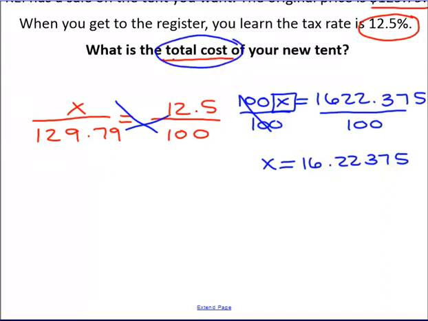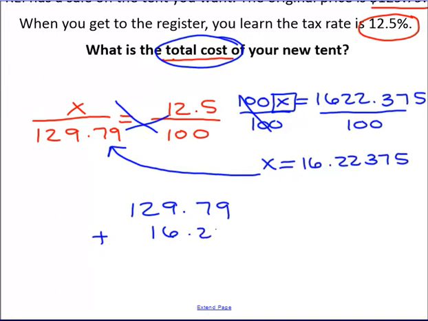I want the total cost. So I need to take it and add it back to the original price. 129.79 plus 16.22375. I'm going to go ahead and add that up in my calculator.